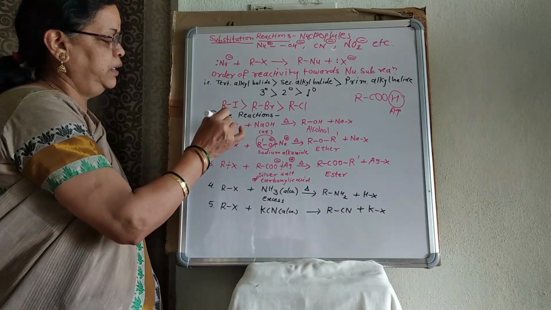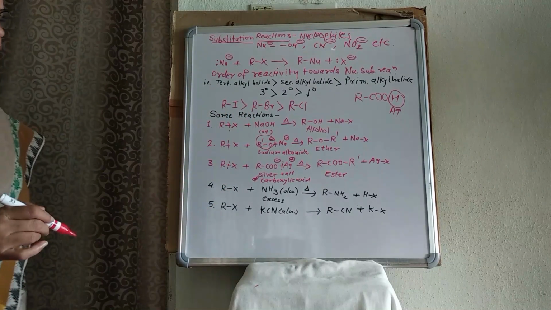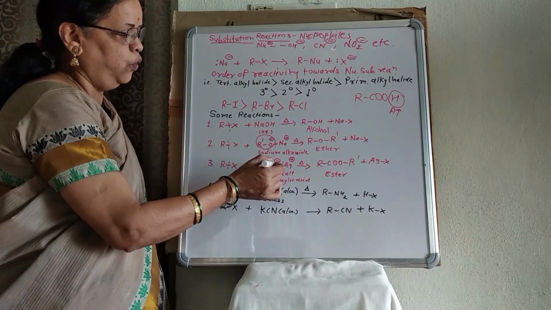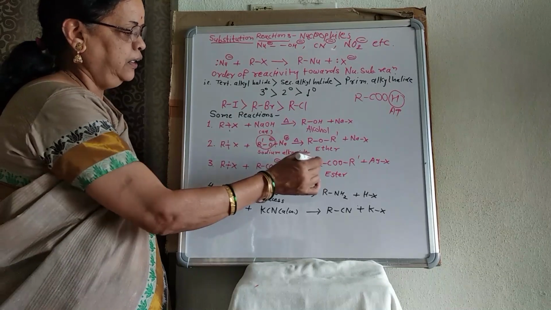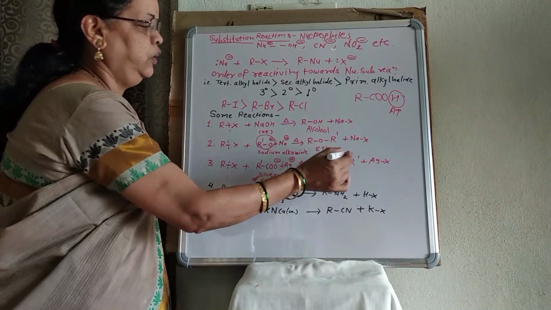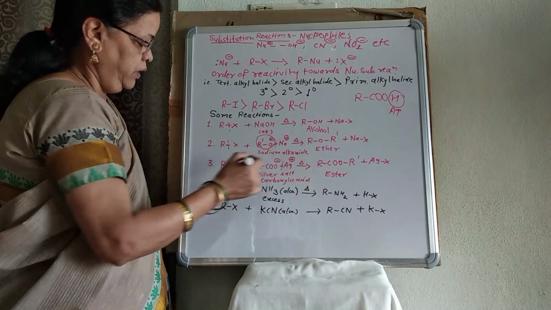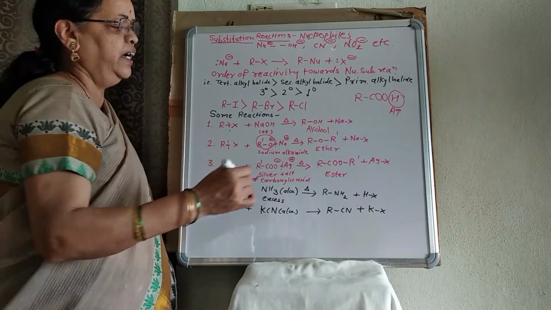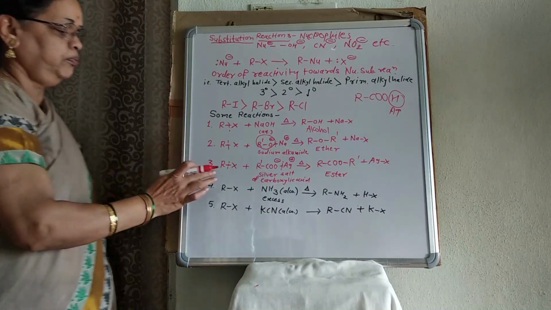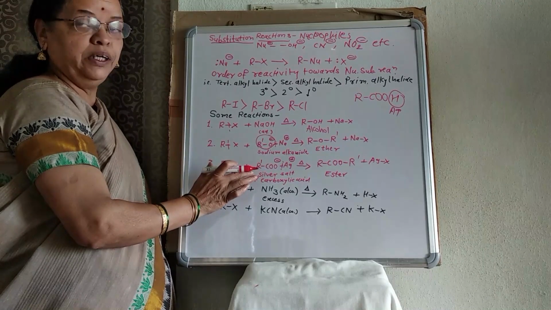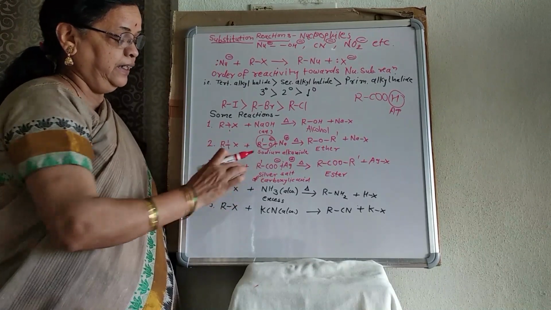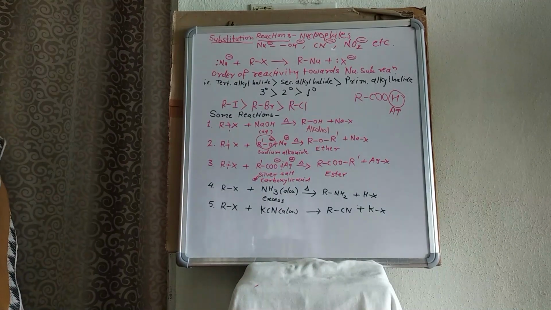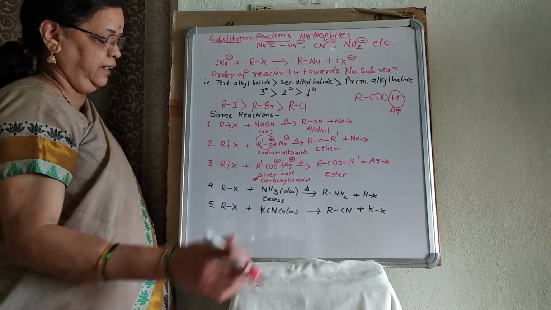In all of these, what is replaced is X in RX. Its position is taken by RCOO minus, so RCOO combines with R, and you can take R' also, giving RCOOR'. It is nothing but called an ester. You can take any example: ethyl bromide reacts with silver acetate, with a CH3 group, then an ester forms, that is CH3COOC2H5, ethyl acetate.